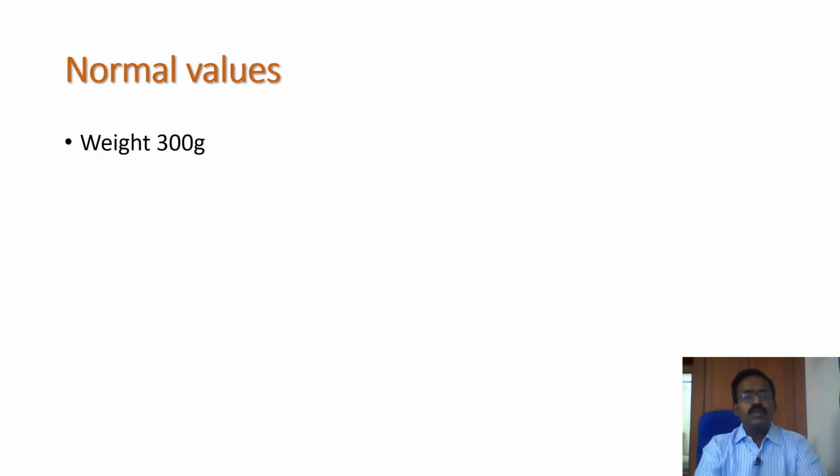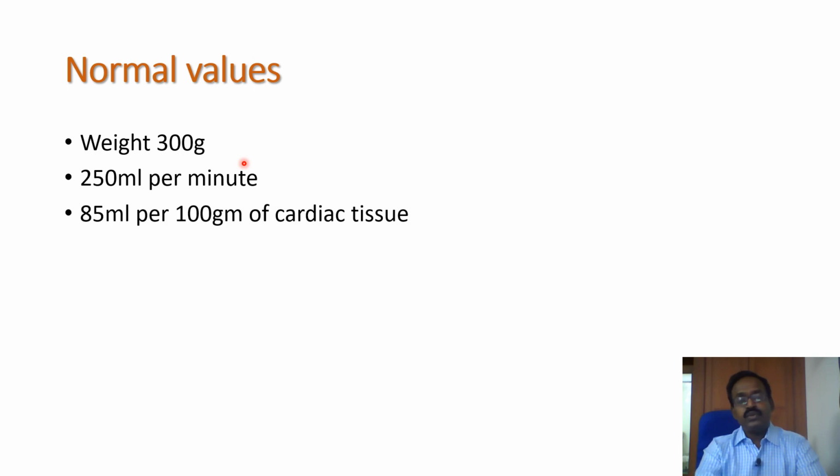The normal weight of the heart is around 300 grams. It receives an average blood supply of 250 ml per minute. Otherwise we can express it as 85 ml per 100 gram of cardiac tissue per minute.